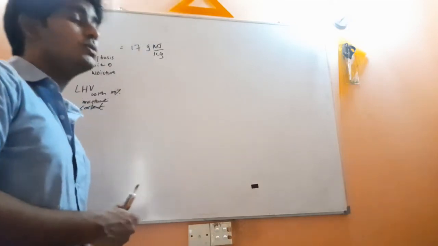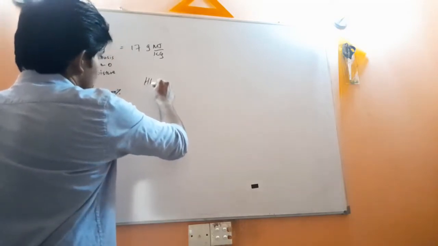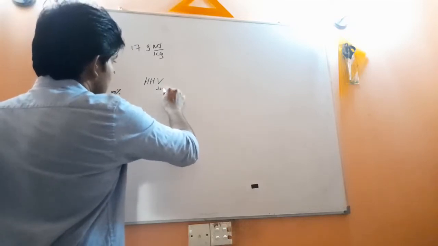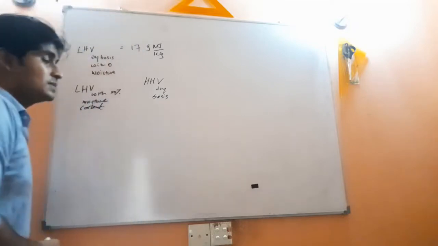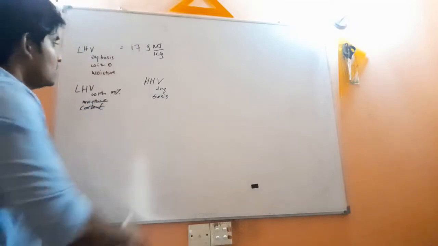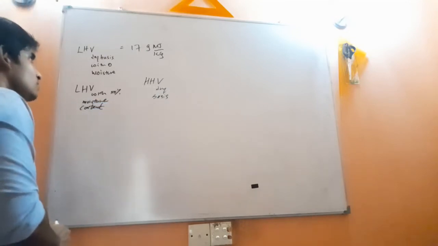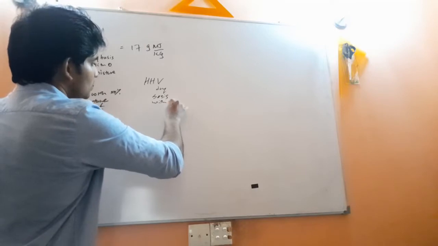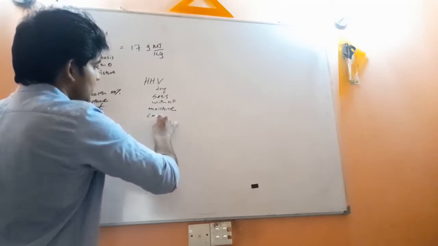So now you need to find the higher heating value, HHV, dry basis. First of all, you have to find this higher heating value on dry basis, or in other words, with no moisture content.